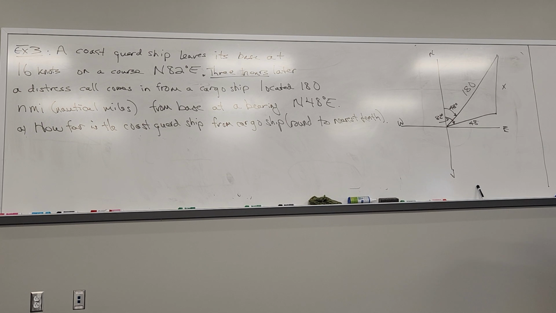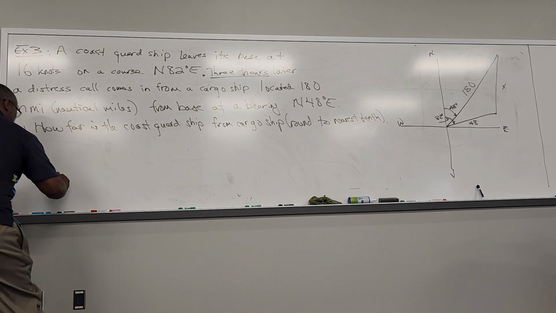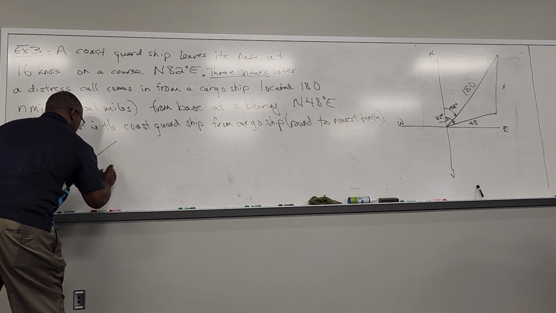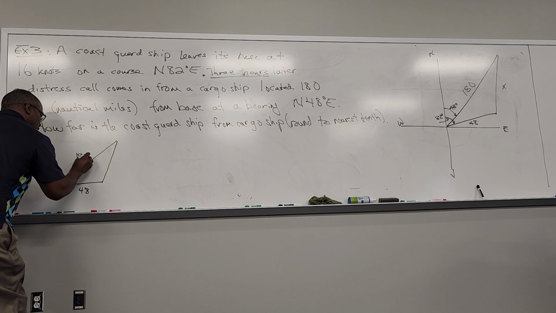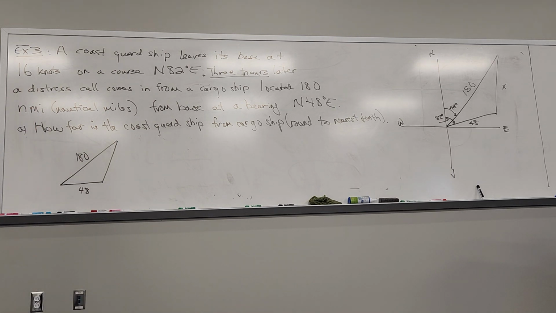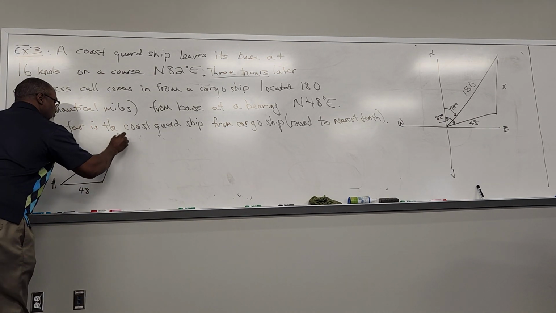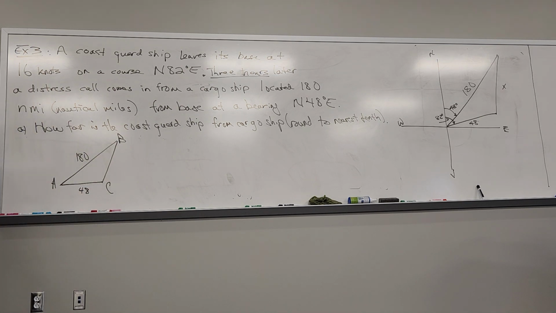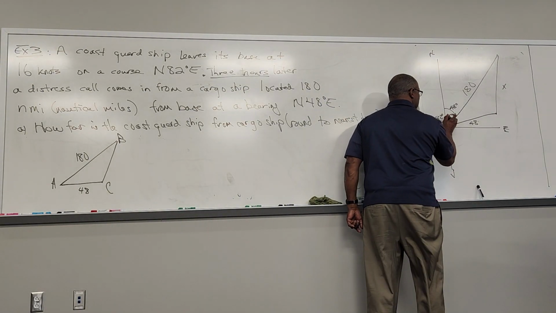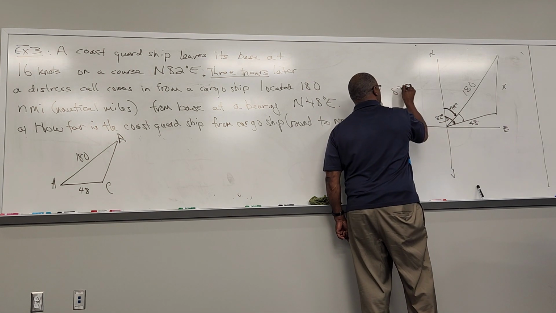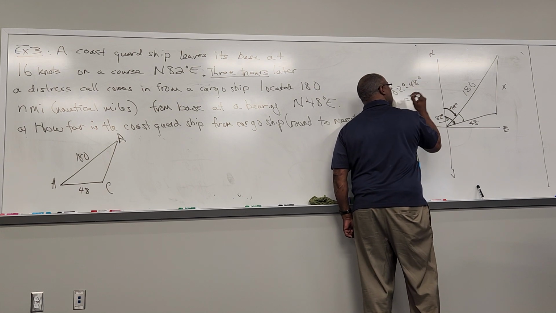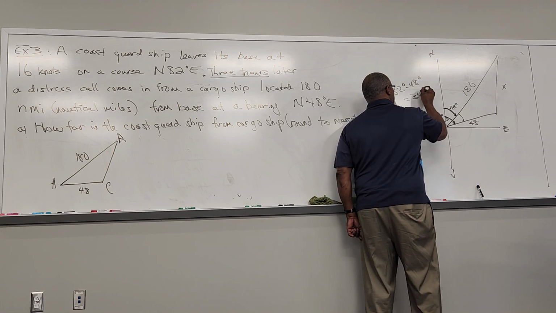So let's label our triangle. I'm going to just draw it over here. This is 48. This is 180. Label your triangle however you want; I'm going to call it A, B, C. Well, if this angle is 82 and this angle is 48, then this angle right here would be 82 degrees minus 48 degrees, and that's 34 degrees.